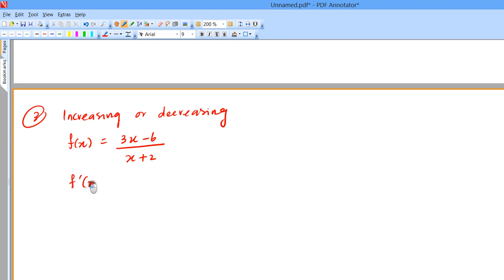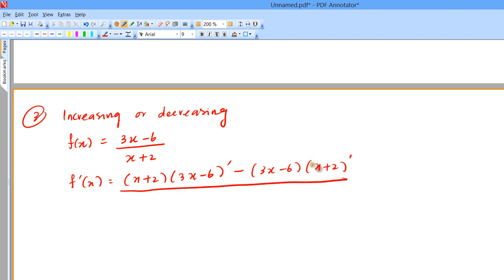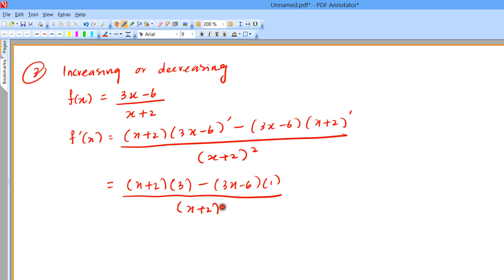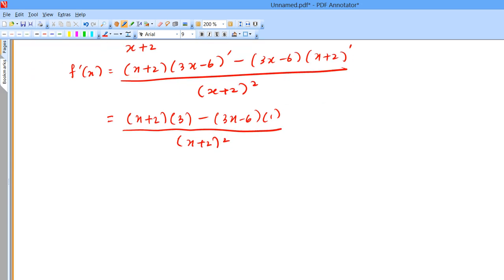So f prime x equal to [(x plus 2) times (3x minus 6) prime minus (3x minus 6) times (x plus 2) prime] divided by (x plus 2) squared. So equal to [(x plus 2) times 3 minus (3x minus 6) times 1] over (x plus 2) squared.